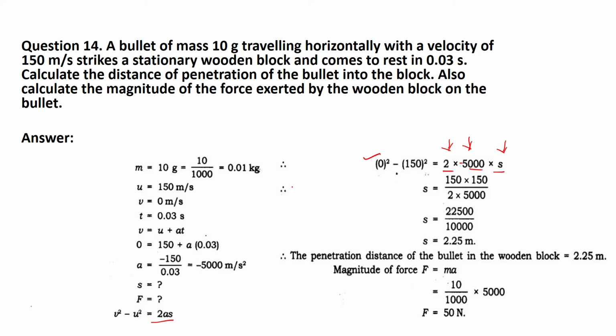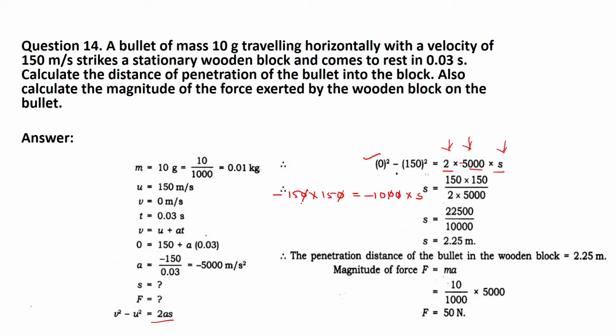So simply this 0 and this 0 get cancelled, and the square of 15 into 15 is 225, and this 10 is dividing, minus 10 is equal to s. Minus dividing minus will become plus, and 225 divided by 10 will be s.